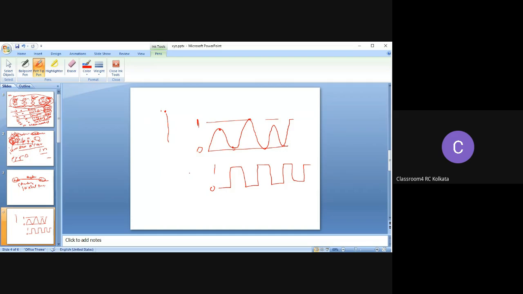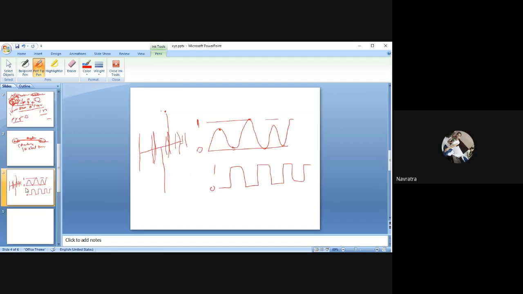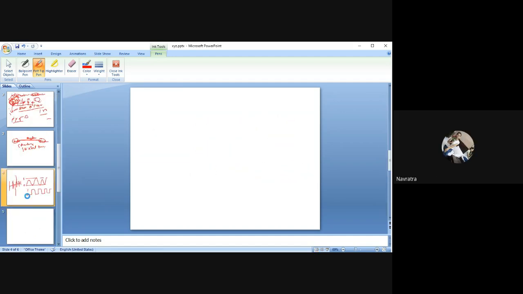Suppose, do you remember, a long time before, you used this type of television antenna? Just try to remember. You see this picture, these types of television antenna. Yes, sir, we have seen. Okay.